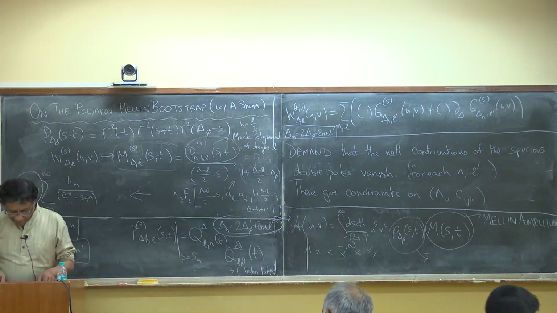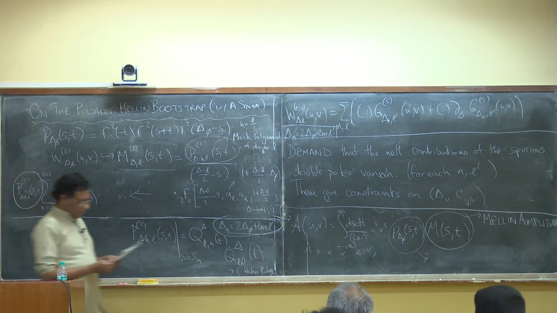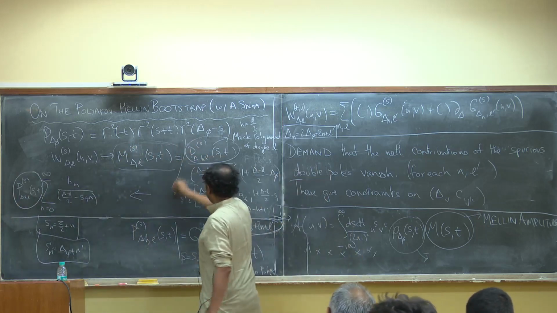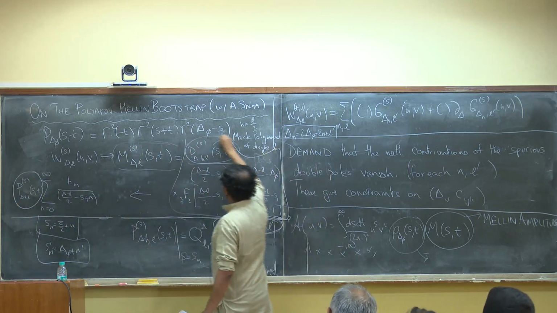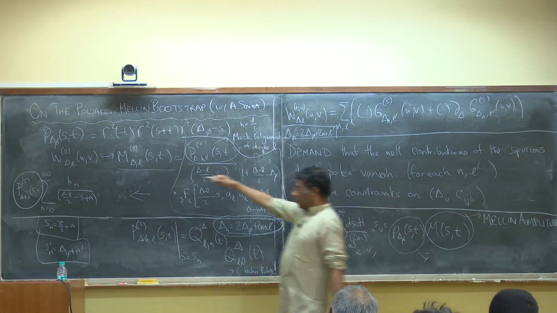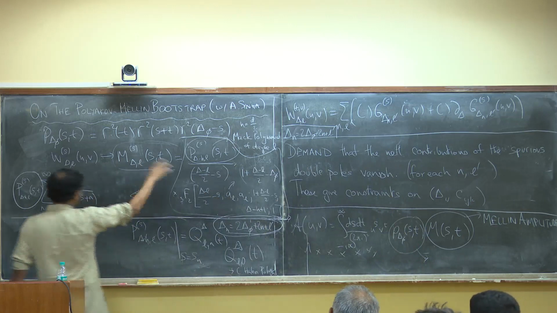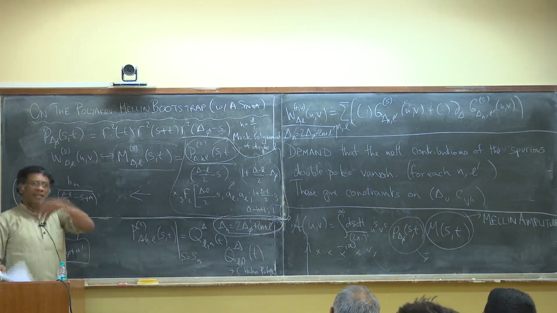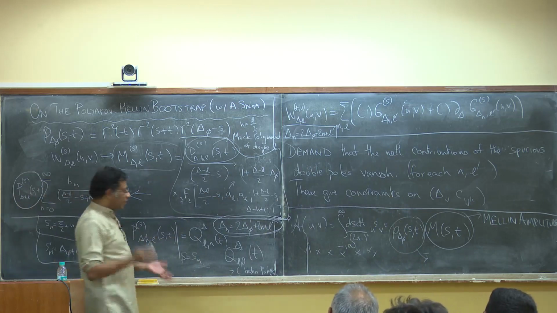So we will use this very explicit representation of the S channel Witten block that I've told you about. Having it in this form, it's very easy to do the T channel and U channel also.